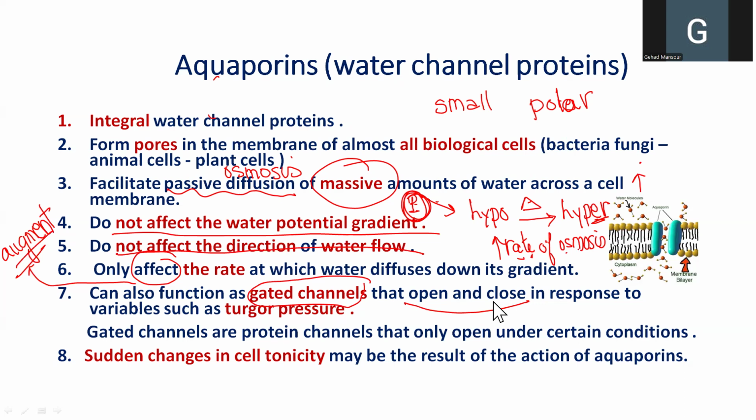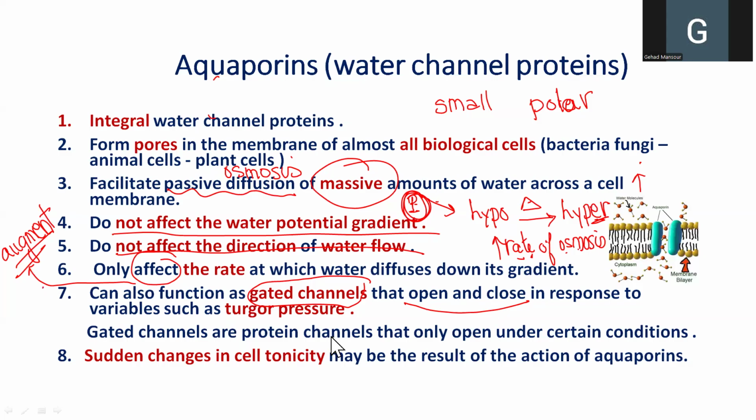One of the major triggers for the aquaporins to open or close is sudden changes in cell tonicity. If there is a sudden decrease in the cell tonicity, what will this do? Let's write it down in order to avoid confusion.